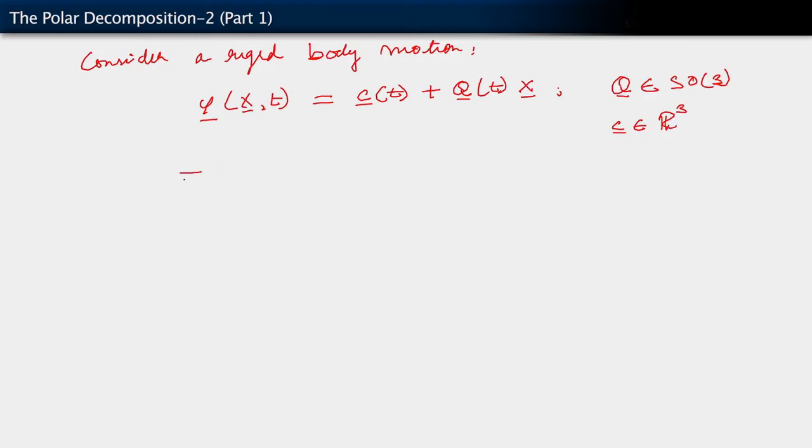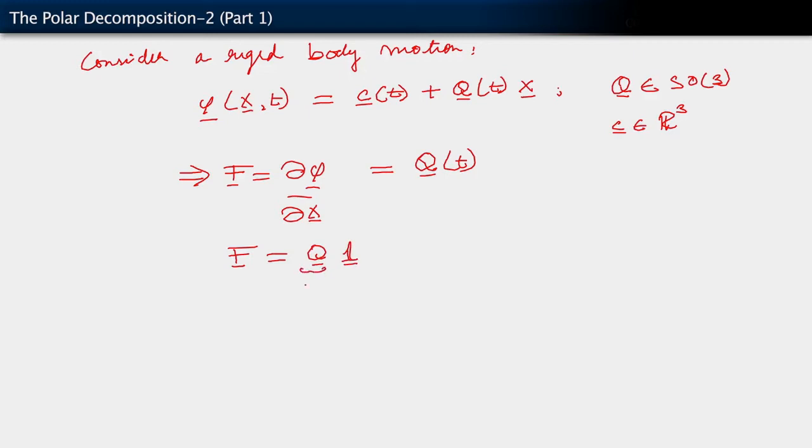But now, what is the F that arises from this motion? F, which is the partial of phi with respect to reference position, is simply Q. We can also write this, by the way, as F equals Q times the isotropic tensor, because the isotropic tensor comes for free.